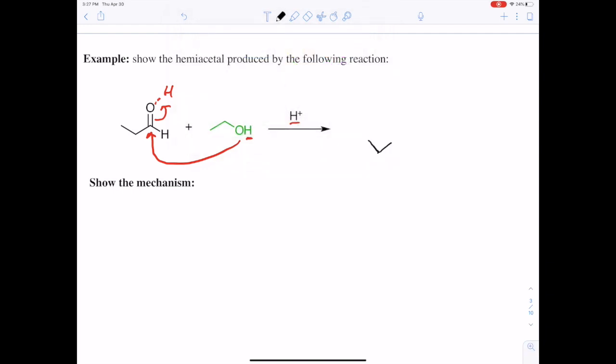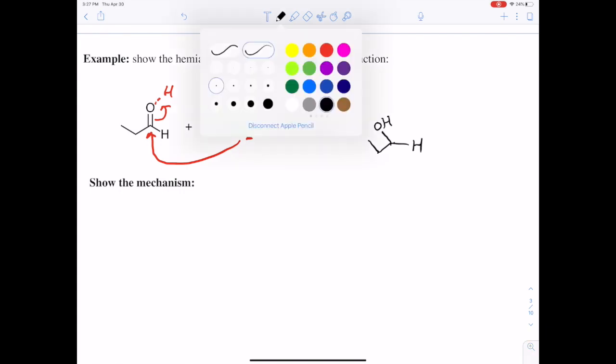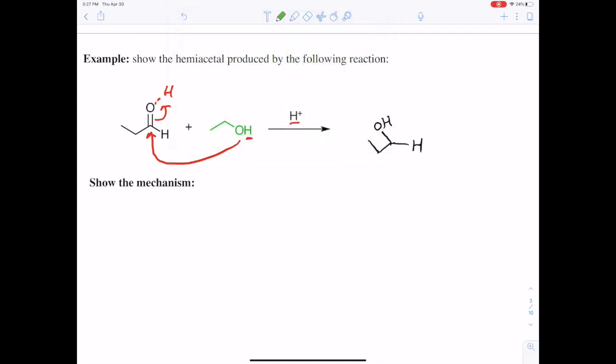That carbonyl carbon is going to become OH. And then bonded to that will be the oxygen from the alcohol without that hydrogen. That hydrogen comes off during the mechanism.